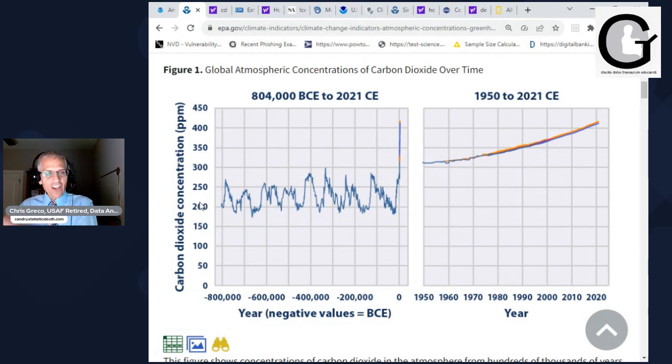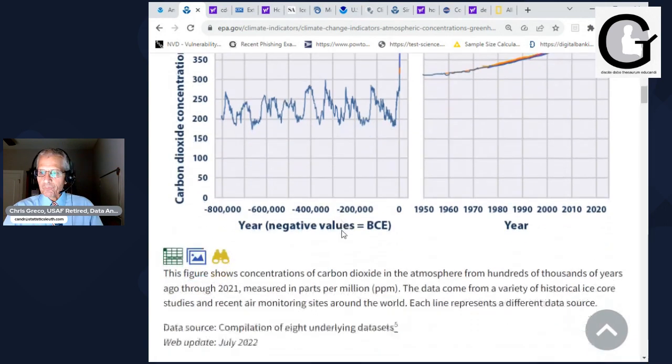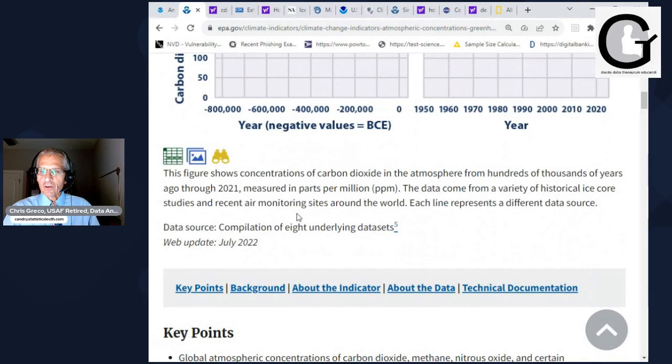How is that done? It says it right here: from hundreds of thousands of years ago, measured in parts per million. Data came from a variety of historical ice core studies and recent air monitoring sites around the world.